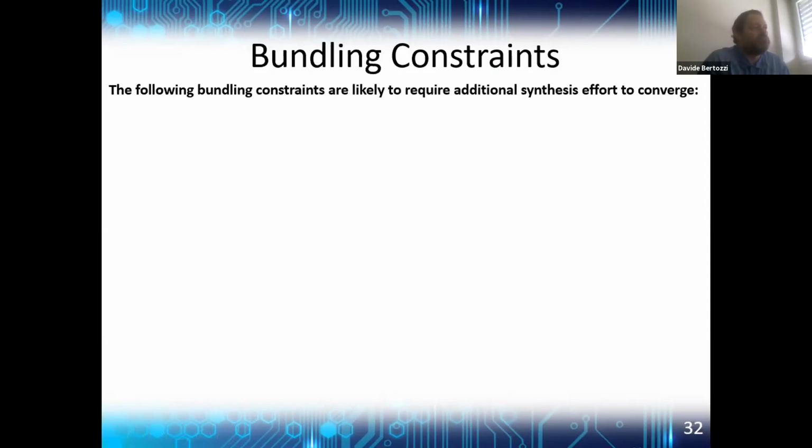But for typical gate delay values from industrial technology libraries, these local timing constraints are fulfilled by default. However, there are two bundling constraints that I'm going to highlight now that probably require more synthesis effort to converge. They don't naturally converge like the other constraints that I'm not presenting here.